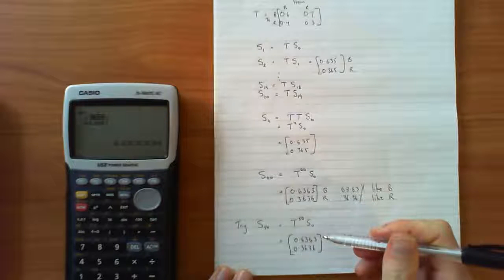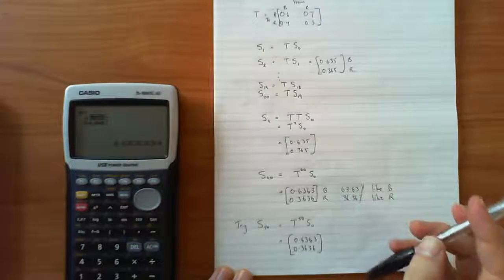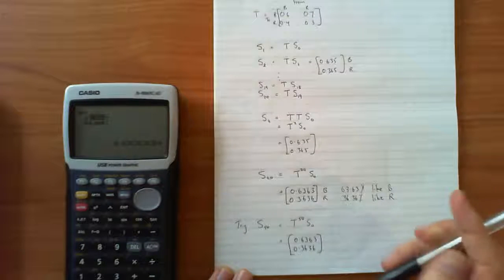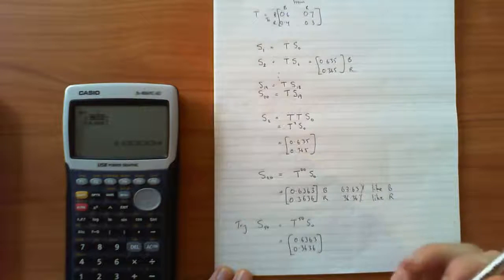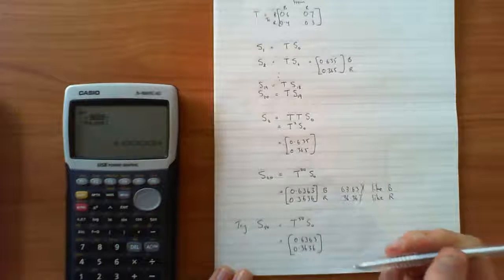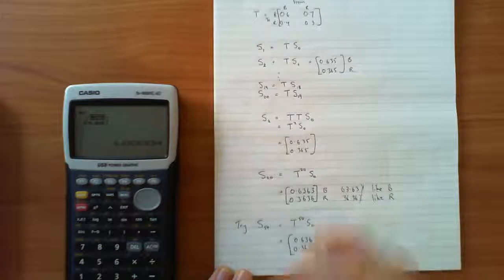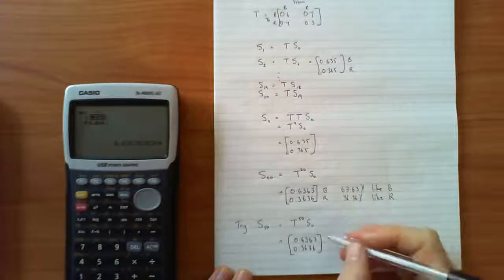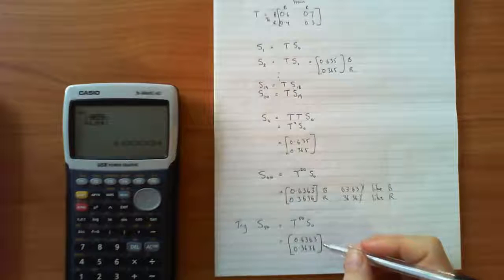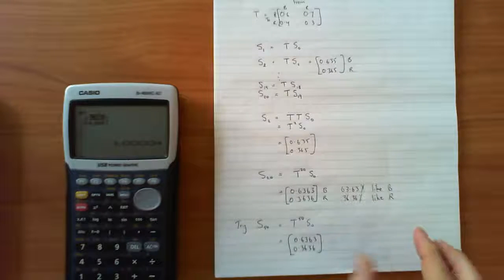Most of the time it'll be well and truly steady after 50 transitions. So I suggest you try 50 transitions, and you could also try 51 or 55. But try two different numbers, two different values for the transition matrix, and show that the values, the state of the system doesn't change.